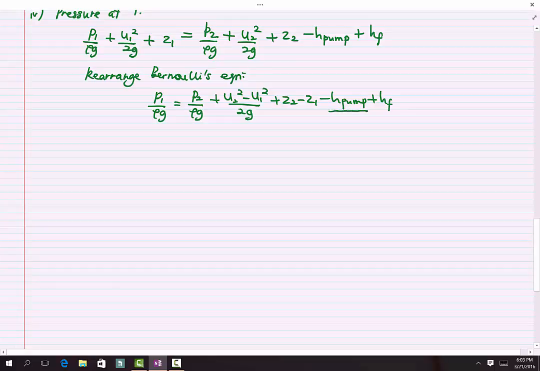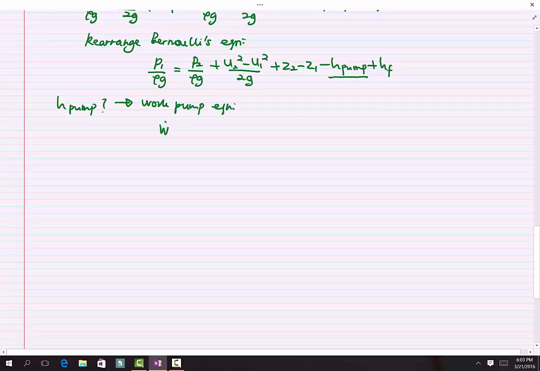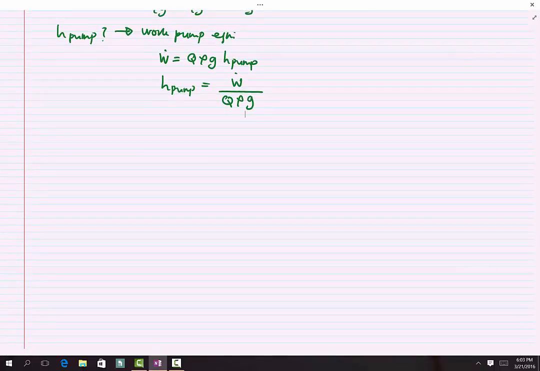First we have to determine the value for the H pump. To determine H pump, we will use the work pump equation, which is work pump equal to Q rho g H pump. So H pump equals work divided by Q rho g. Substitute all the values.